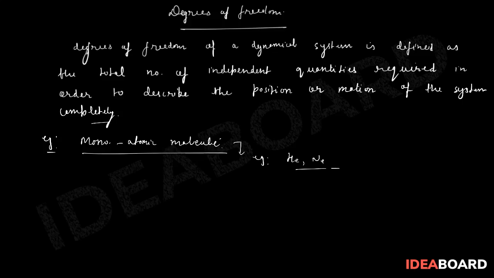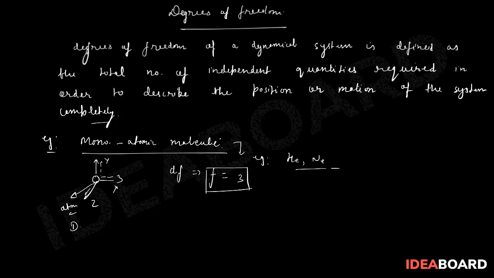So now clearly you can observe, suppose this is the monoatomic atom. Now we have three directions. This is x-axis, this is y-axis, this is z-axis. So this molecule can move like this, or like this, or like this. So obviously degree of freedom we can write in short df or f. F will be given by 3 because 3 independent directions are possible, right?